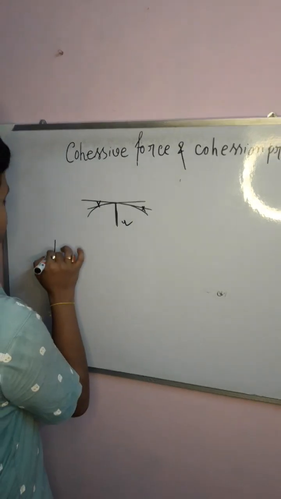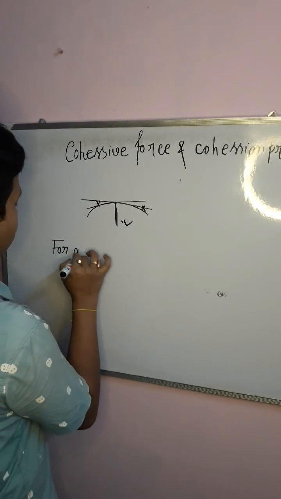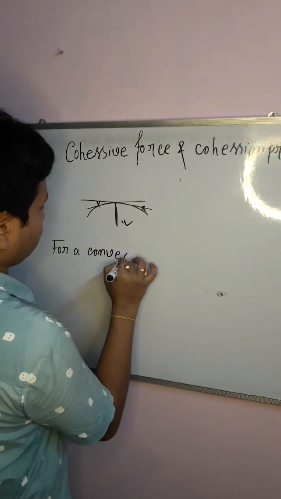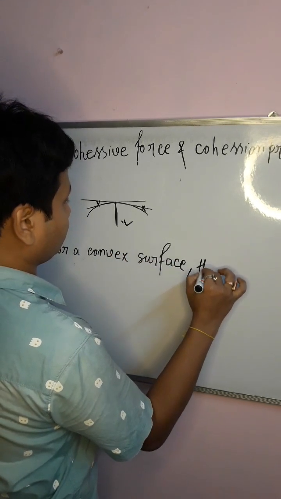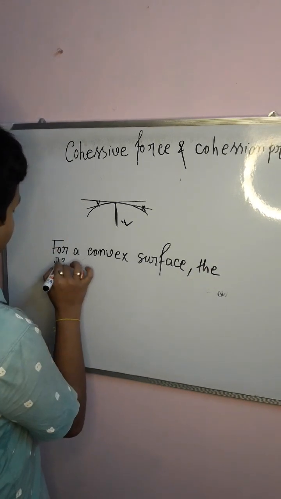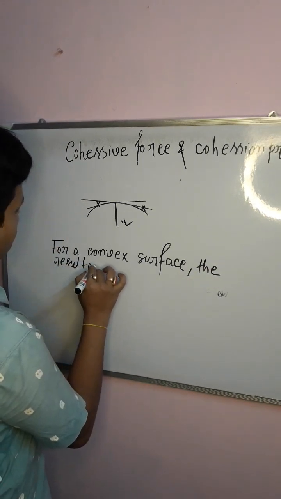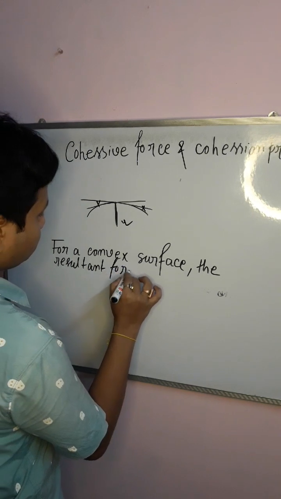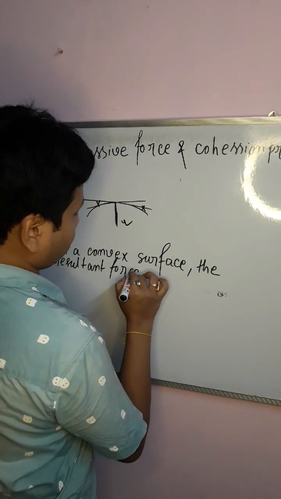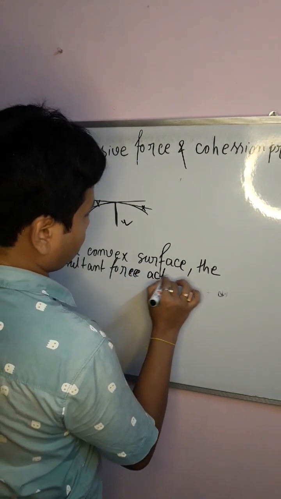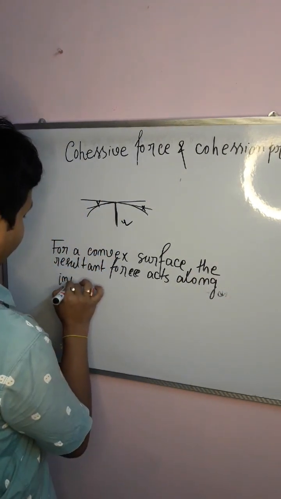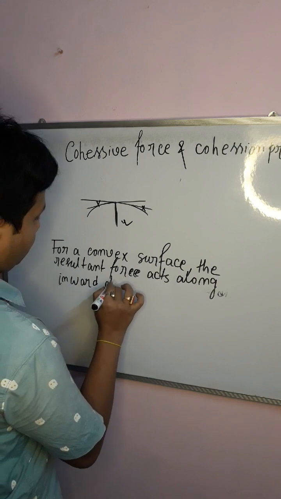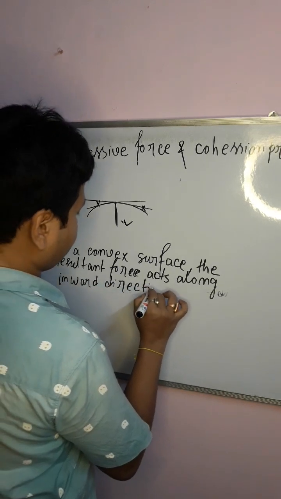So for a convex surface we see that the resultant force due to surface tension acts along the inward direction.